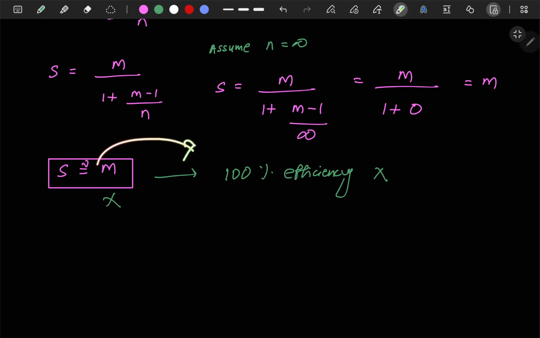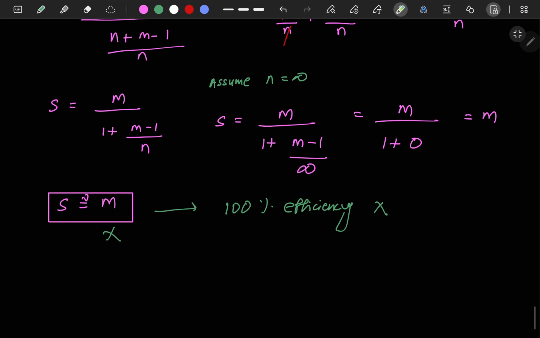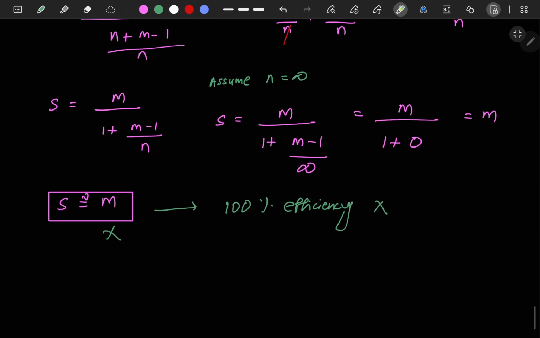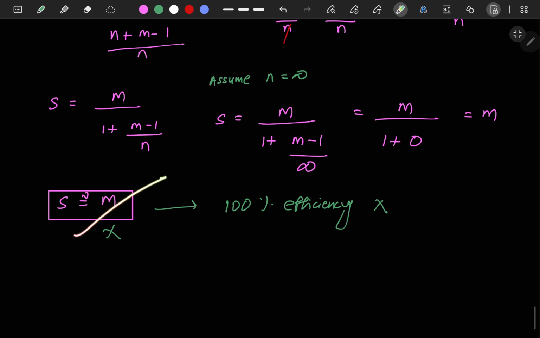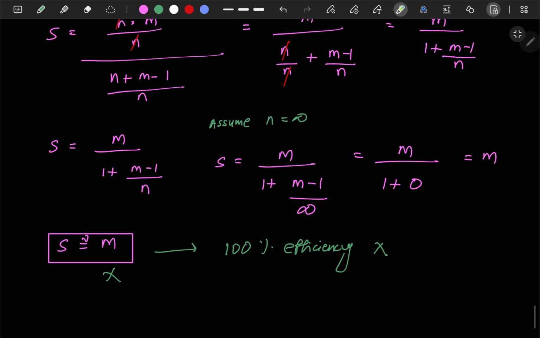Both are vice versa. Now we had already proved that this is not possible because of this condition, which is n equal to infinity. Then how is 100% efficiency possible? So with this I had proved that S equal to m is not possible, and that practically 100% efficiency is also not possible. This is a mathematical proof, right?